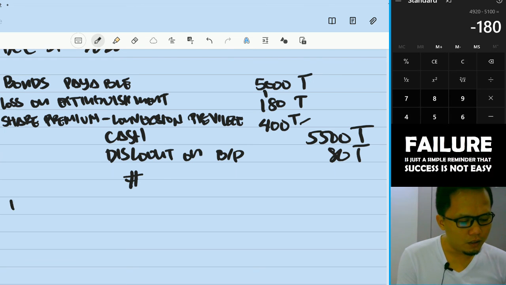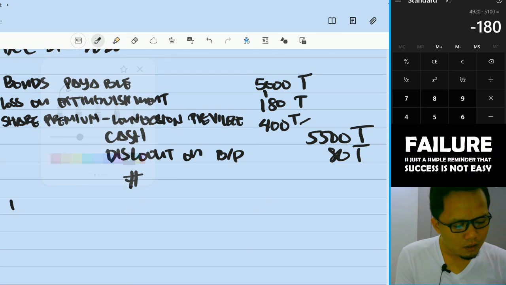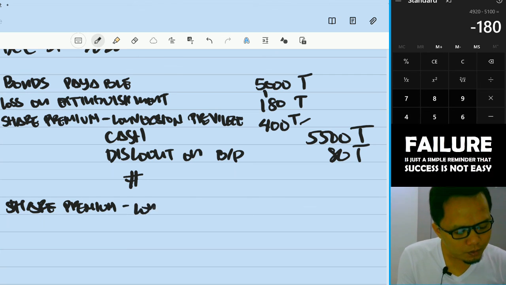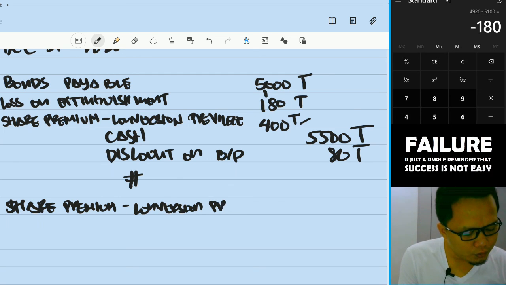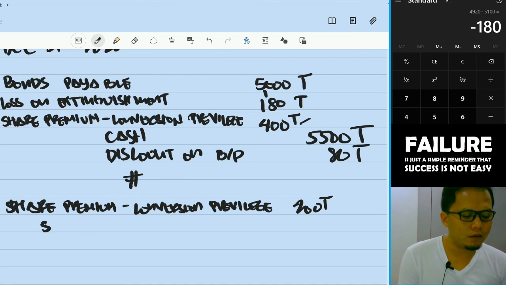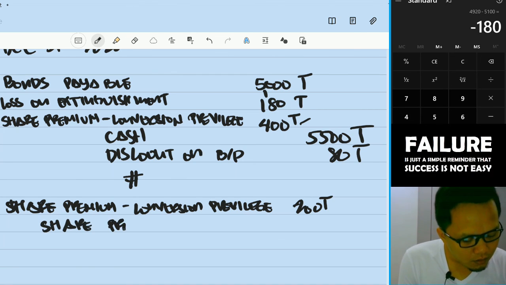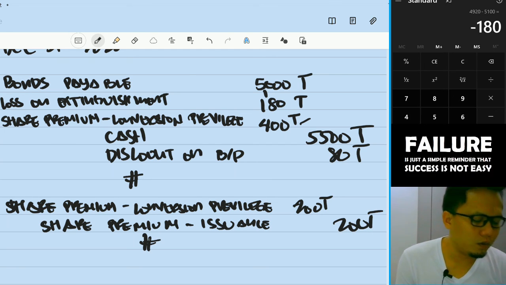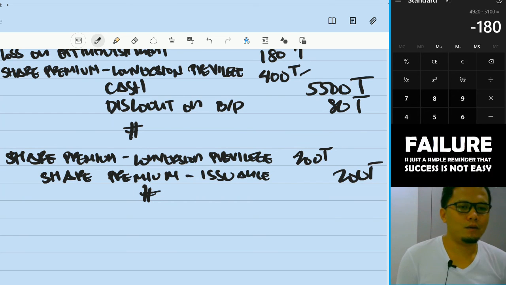So, another entry would be to recognize the full closure of your share premium conversion privilege na debit share premium conversion privilege at 200,000, the remaining balance after deducting the 400,000, credit share premium issuance to transfer this fully to equity, 200,000. Okay? So, that's it.